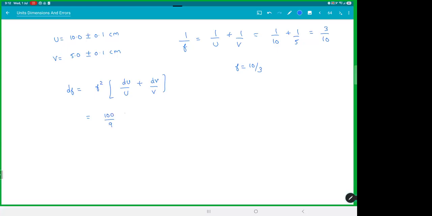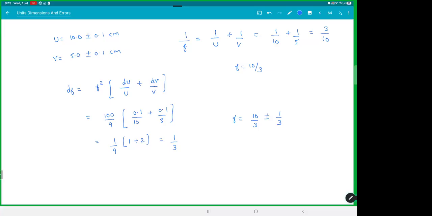This is 100 by 9 times 0.1 by 10 plus 0.1 by 5. So this is 1 by 9 times 1 and 2, that's 1 by 3. Therefore, the value of f is 10 by 3 plus or minus 1 by 3. You can write it in 0.33 fractions and all, but that's the value of f.